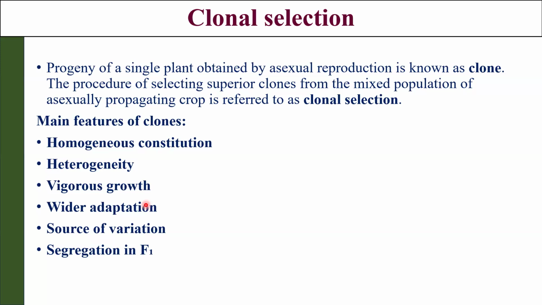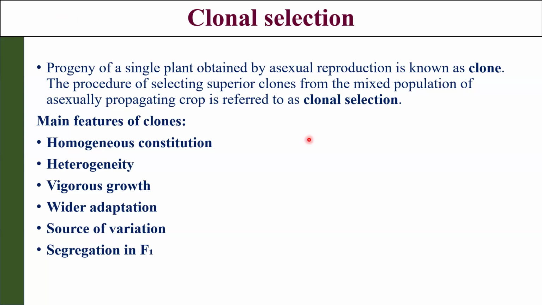Another very important character of clonal selection is that they have a segregating population in F1 itself. This is many times asked in the exam. Take mango also. When you cross, the F1 is actually a pseudo F2 sometimes, because the parents are heterozygous in nature.